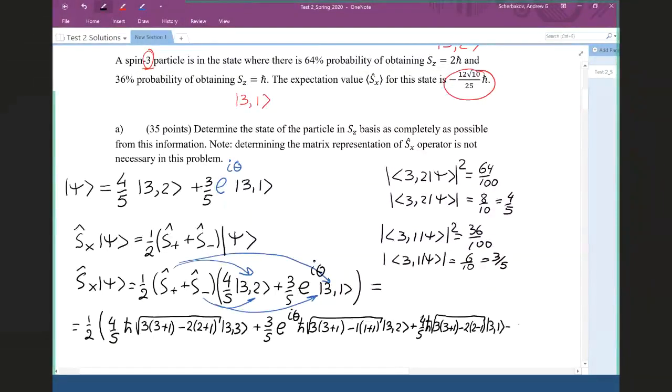And then finally plus 3 over 5 e to the I theta h bar, square root of 3 plus 1 minus 1 minus 1, and the state is going to be 3,0.